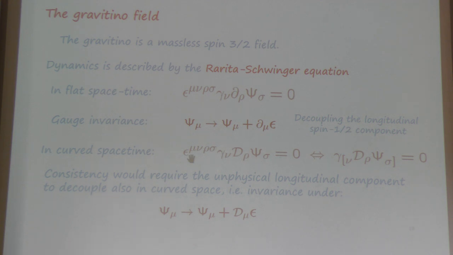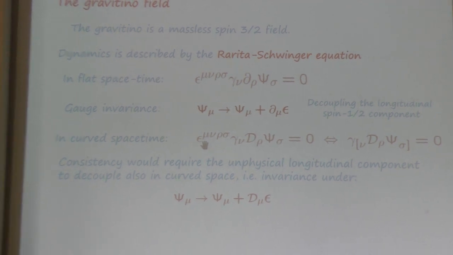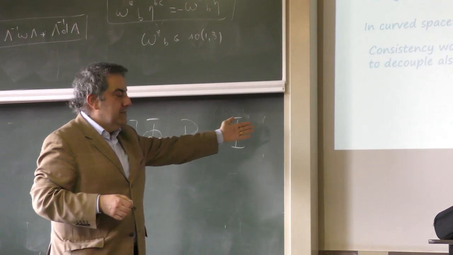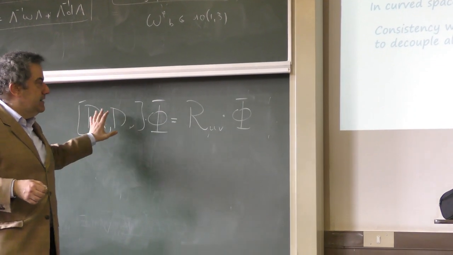And in fact, you have that the commutator of D mu and D nu acting on some field phi is nothing but the Riemann curvature tensor acting on the same field phi. Plus, if we have other internal symmetries, then there will be other curvatures here. But for the time being, this is the main term.